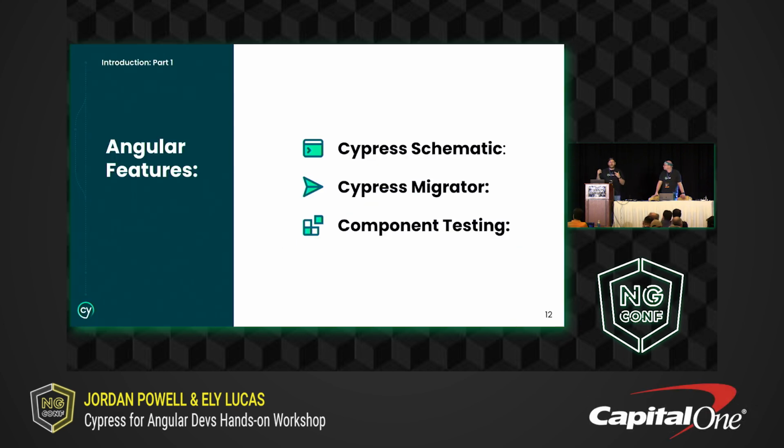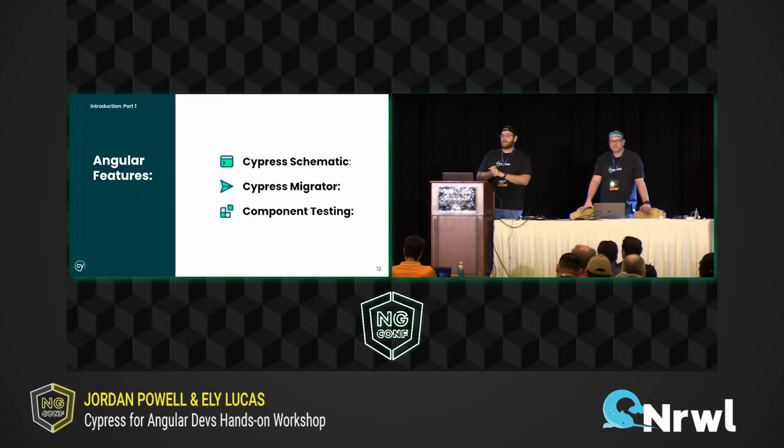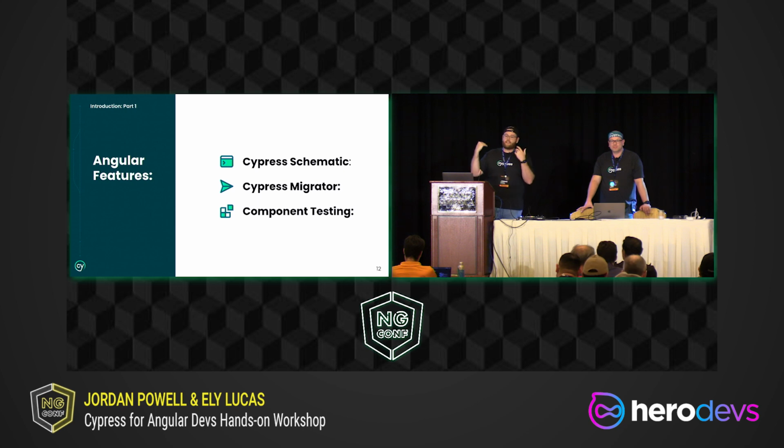So today we're going to highlight 3 features that we've been working on at Cypress that we think will help Angular developers like yourselves write tests with Cypress. One being our Cypress schematic, which will help scaffold out, convert from Protractor to Cypress, and generate end-to-end tests and component tests, a lot of just how schematics work.